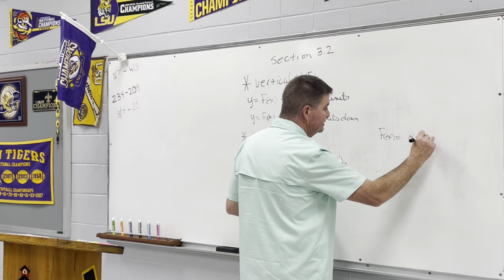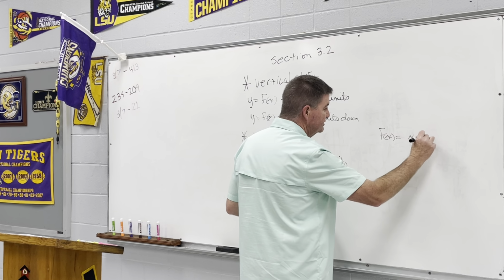Again, you can make yourself a table if you prefer when you're trying to graph it, but that's what happens. Now, we could have multiple transformations in one, a vertical and a horizontal shift. Suppose I had f of x equal to the square root of x plus 2 minus 3. You may be given something like that and be asked, what is actually happening?